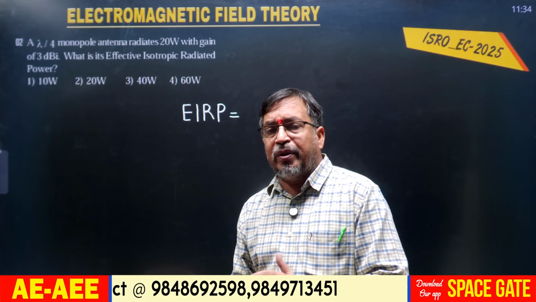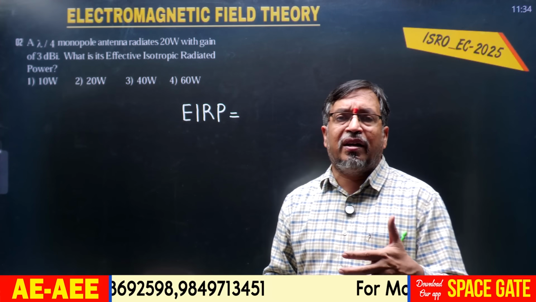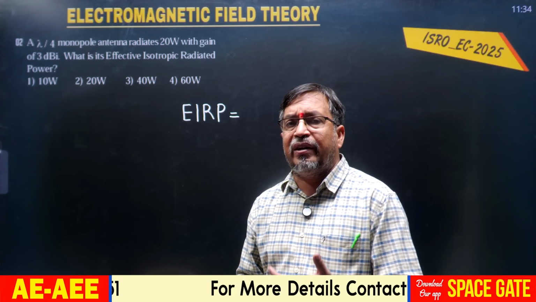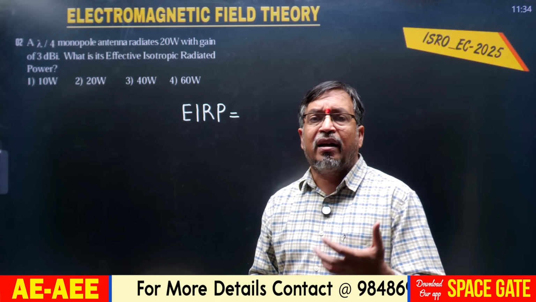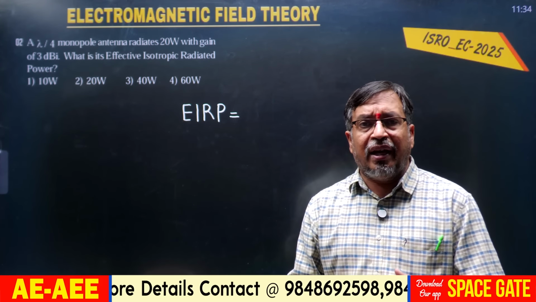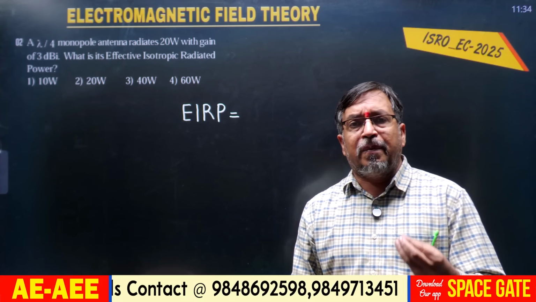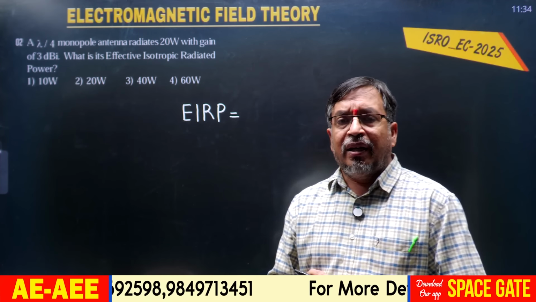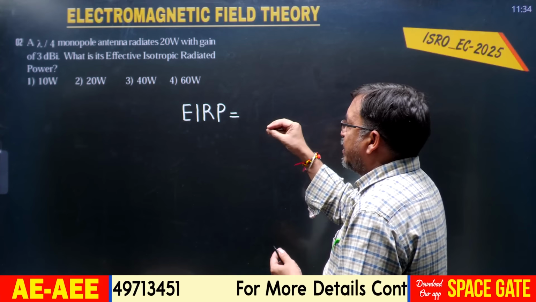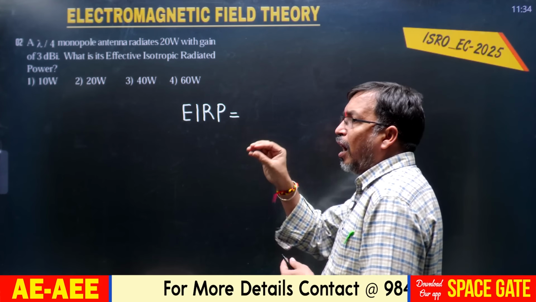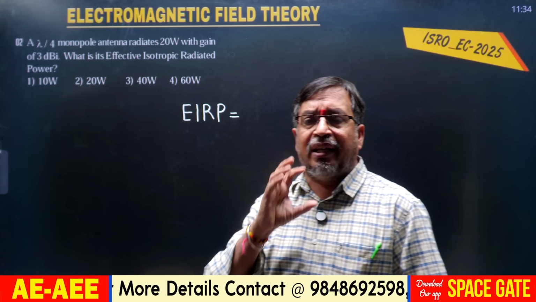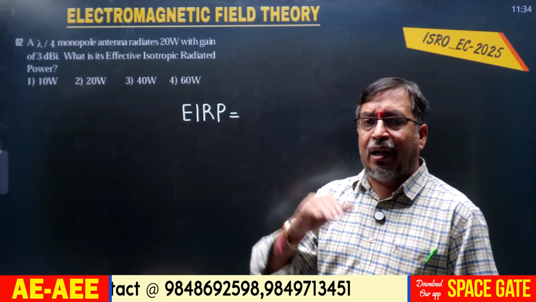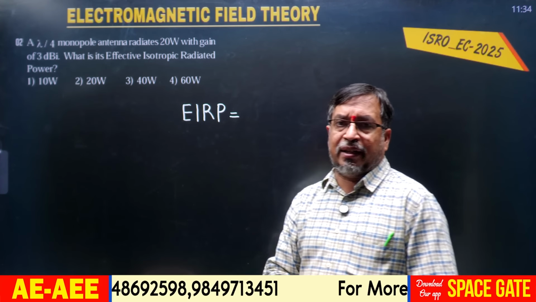But with respect to the isotropic antenna, we calculate the radiated power, transmitted power, directivity, directive gain and power gain of given antennas. So EIRP means effective isotropic radiated power. The meaning of this term is how much maximum power the given antenna effectively radiates in a particular direction.